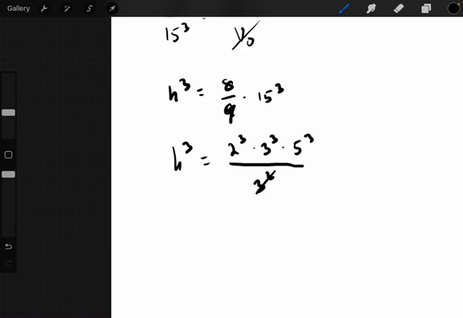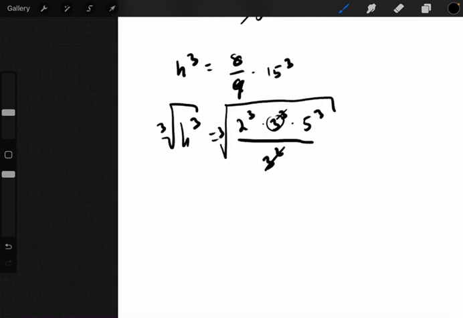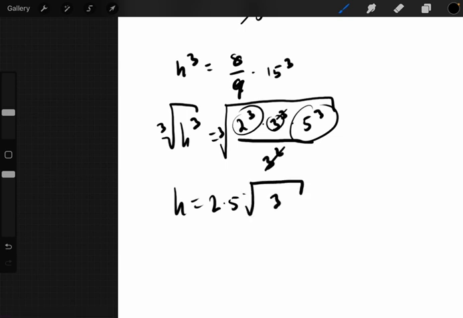This cancels with this, leaving one 3 over there. When you take the cube root, the 2 and the 5 come out. H equals 2 times 5, 10. And what's left is the cube root of 3. H equals 10 cube root of 3.